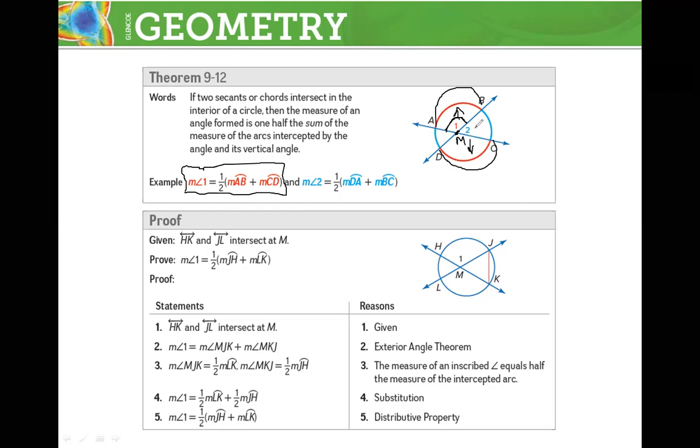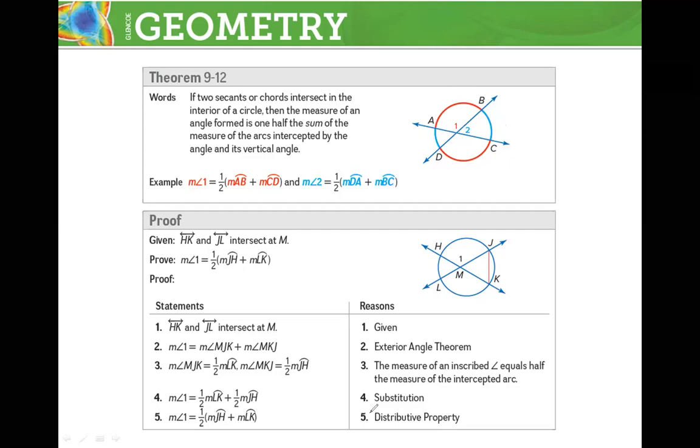And by the same way, angle 2 will be equal to half the sum of BC and AD together.